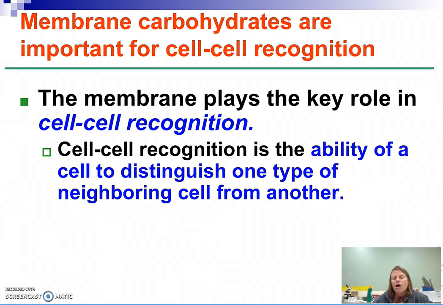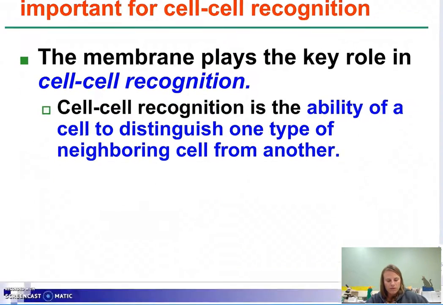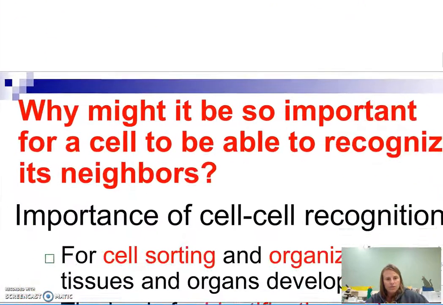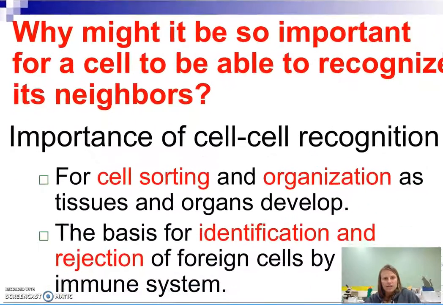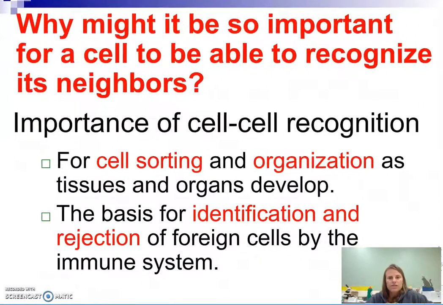Like we said, they're oligosaccharides that are on the surface of the membrane that distinguish one type of neighboring cell from another. Well, why would this be important? This is important because I want to distinguish cells that I need versus cells that I don't need. For example, I need to identify which cells are foreign, which cells are pathogenic that my body would need to destroy and get rid of.